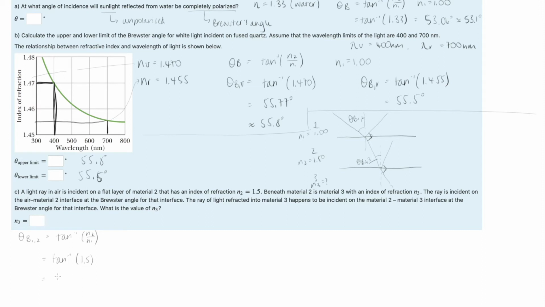So when we do that, I get 56.3 degrees. Okay, so 56.3 degrees is this angle here, which happens to be this angle here. Okay, so we know what the refractive index of the first and the second materials are, and we know what the incident angle is. Therefore, we can use Snell's law, n1 sine theta 1 equals n2 sine theta 2, to work out what the refracted angle is, this one here.